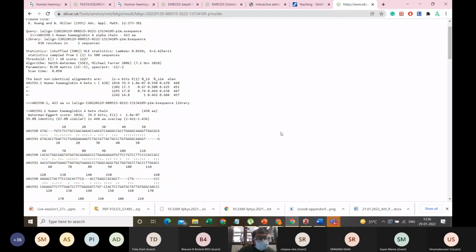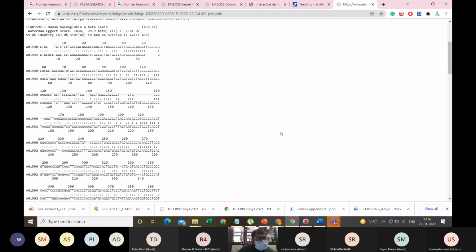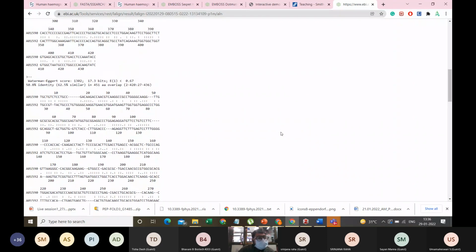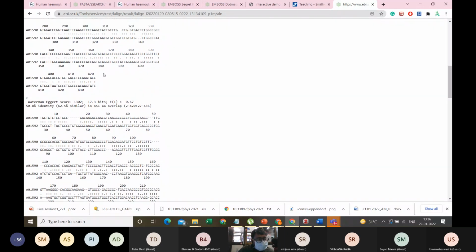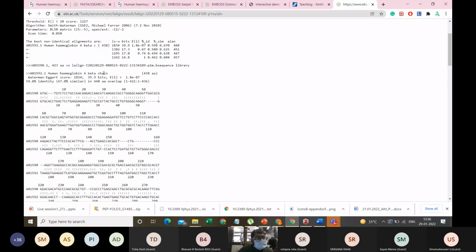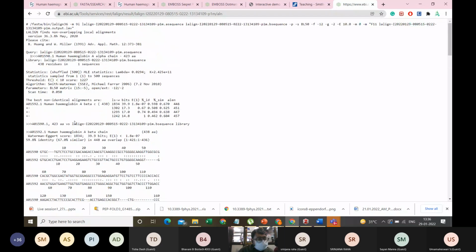Okay, so this is how it performs and gives us the result. There are various scores they have given, and accordingly you can find out for various thresholds and all.